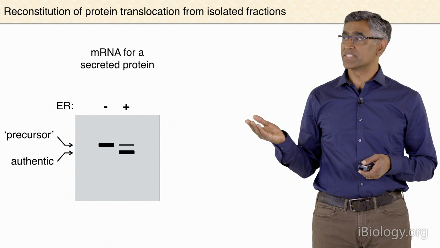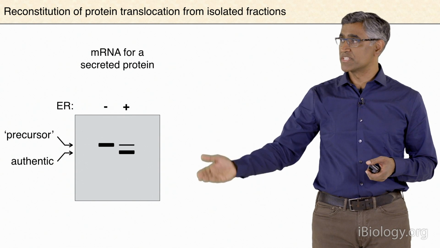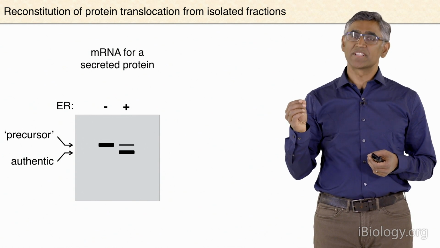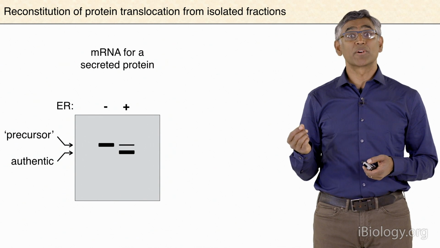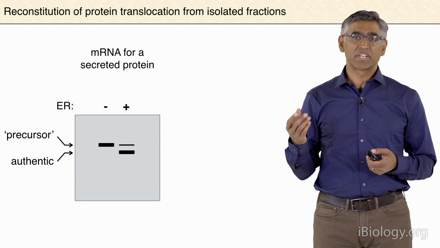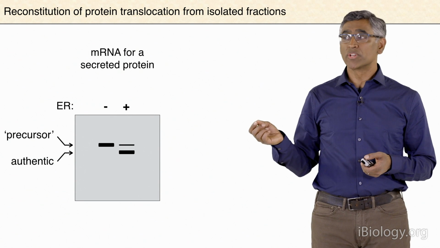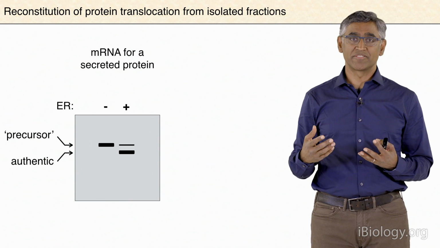And the way this is being detected is after you do the translation, you can separate all the proteins by size on a gel, and then you can detect just the newly synthesized protein by exposing that gel to film and detecting where the radioactive products are. Because remember, even though the extracts have lots of proteins in them, only the newly synthesized ones made from the RNA that you've added will become radioactive.